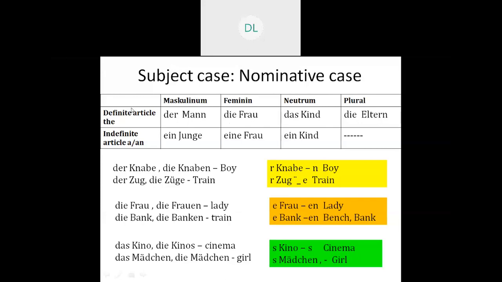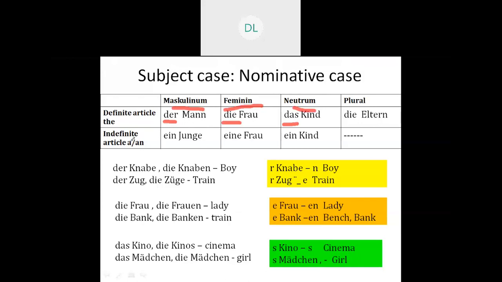But before masculine, it has to be der. Before feminine, it has to be die. Before neutral, it has to be das.